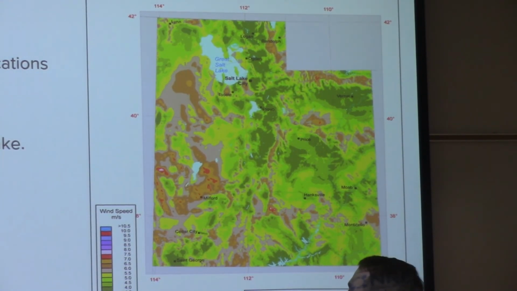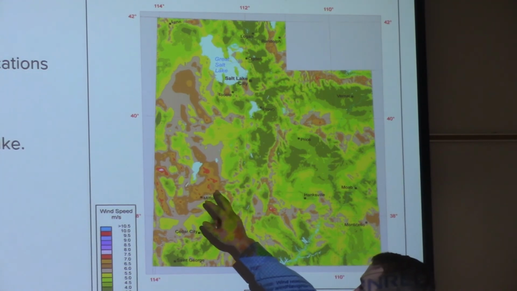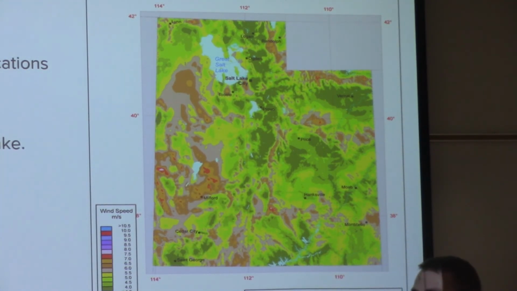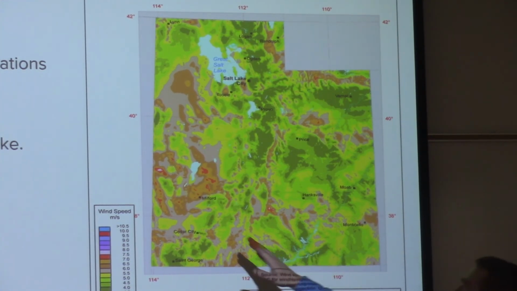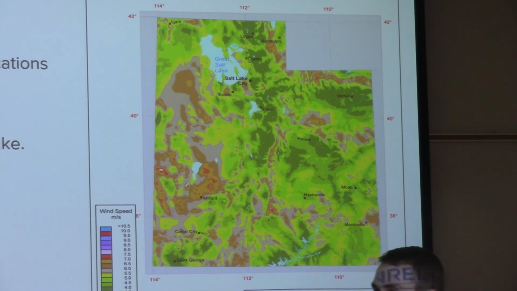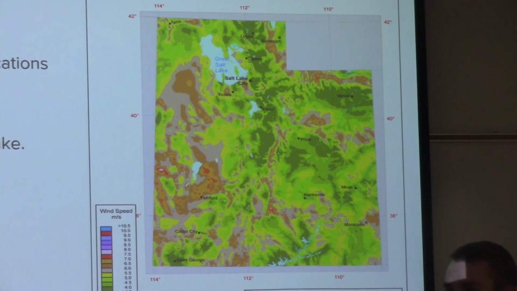Well, not in a good way, but it is pretty strong evidence that this is where the high wind speeds are. That's the dust that's being picked up and then deposited right along the Wasatch Front, where the wind can't really travel over the mountains. So it's all just deposited right along the Wasatch Front.